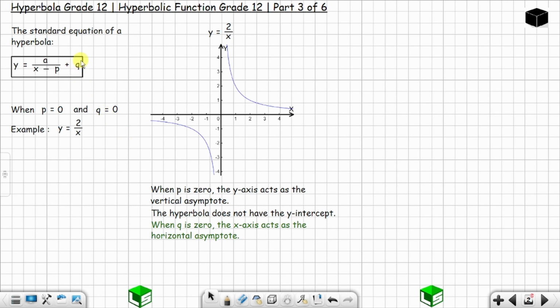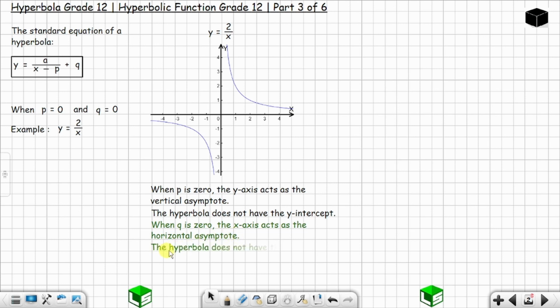And when the value of q is 0, you can see there is no q there, so the value of q is 0. When q is 0, the x-axis acts as the horizontal asymptote. The value of q will tell you what the horizontal asymptote is. But if q is equal to 0, as in this case, the x-axis acts as the horizontal asymptote.